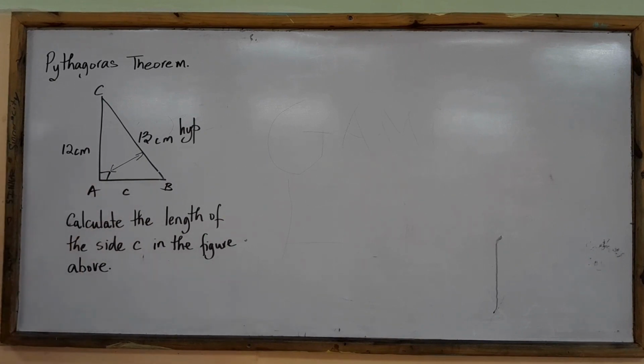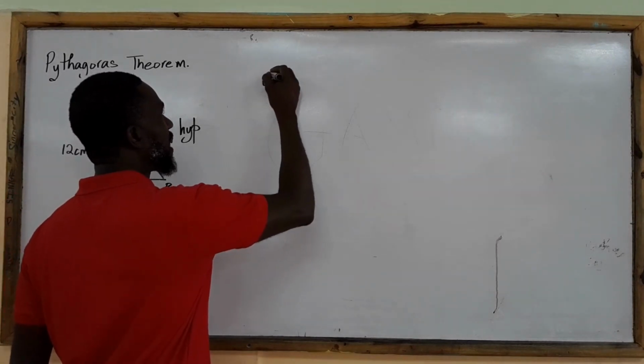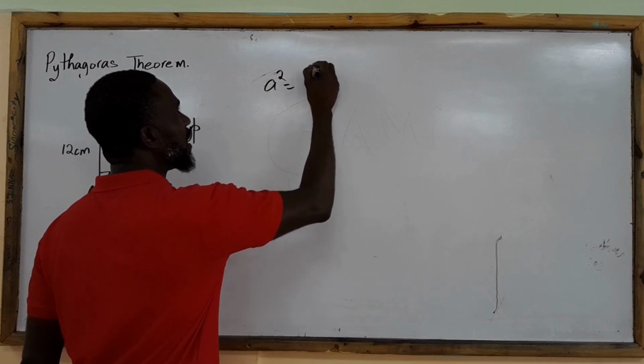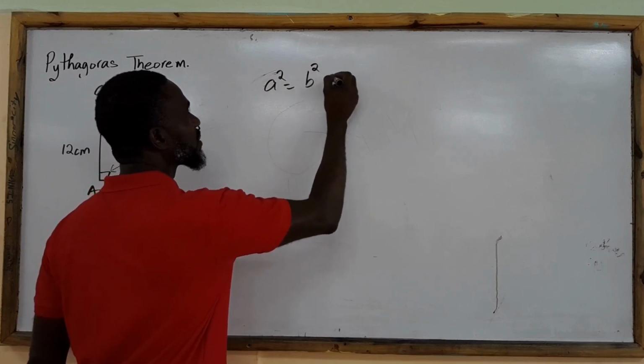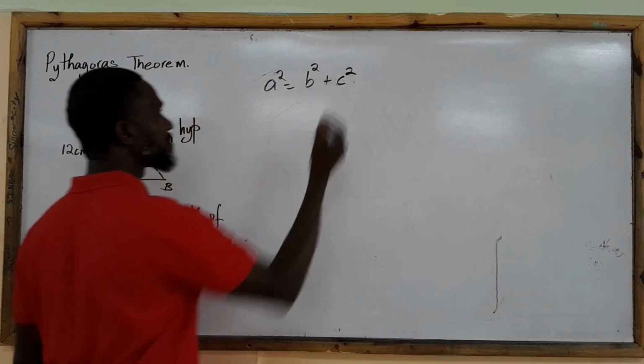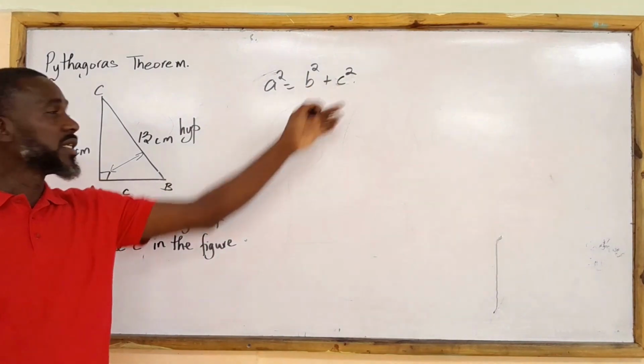If we apply the same formula for Pythagoras' theorem, that the square of the hypotenuse is equal to the sum of the other sides squared, we have a squared is equal to b squared plus c squared.